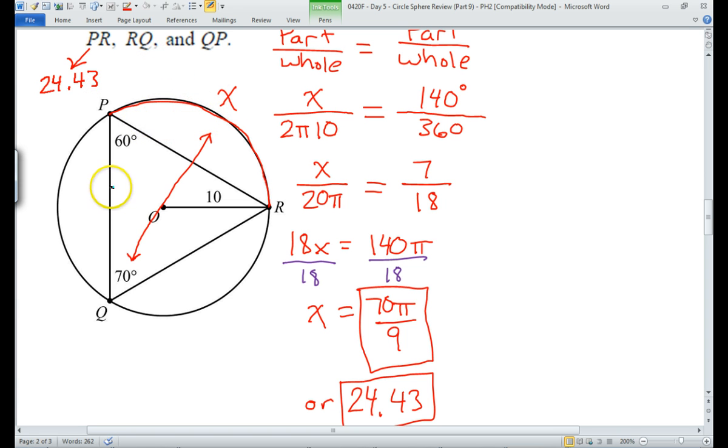Okay, but we're also supposed to find arc RQ, this arc over here. So I'm going to call this one Y. Okay, so let's find arc Y. Now this is going to be pretty much the same thing. We'll just do it all over again.